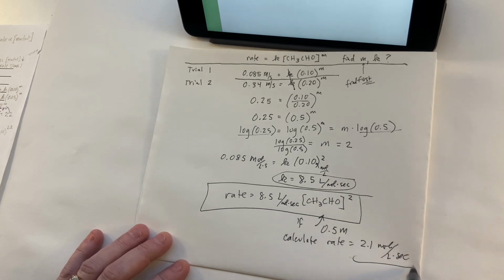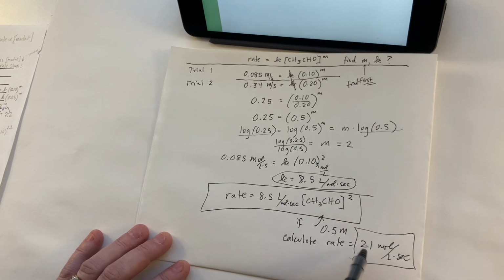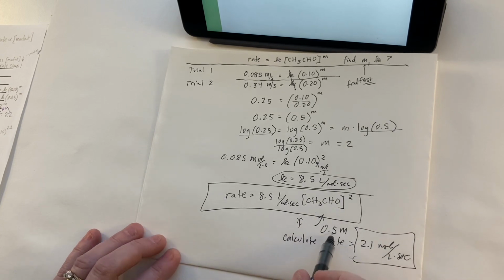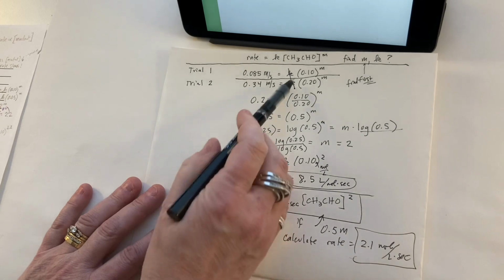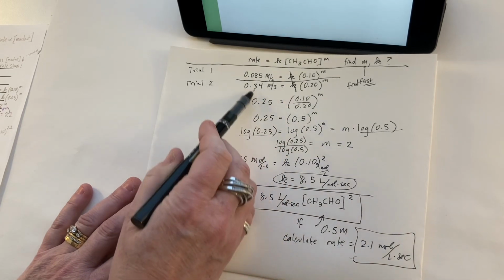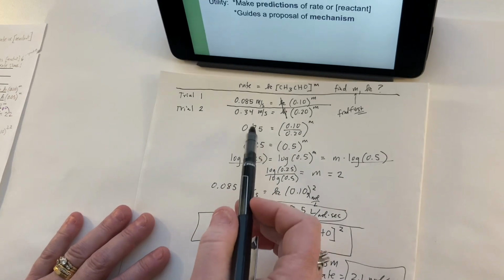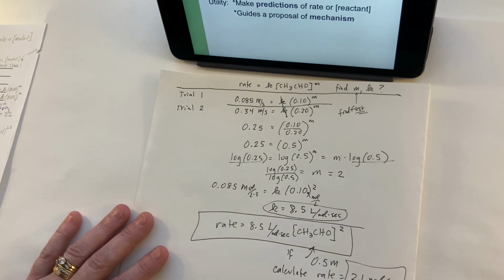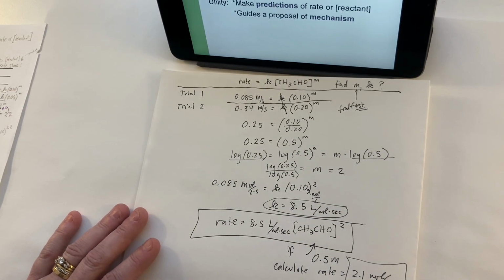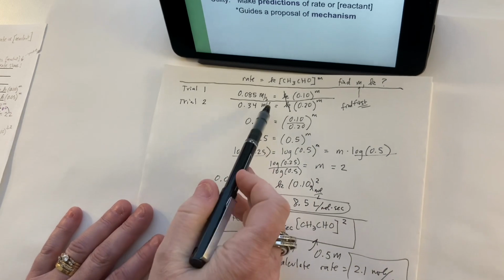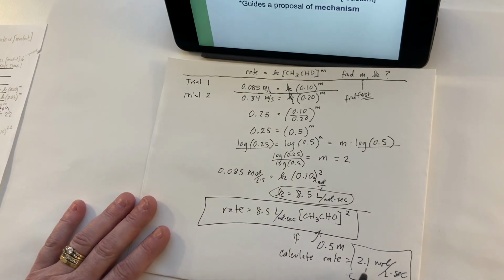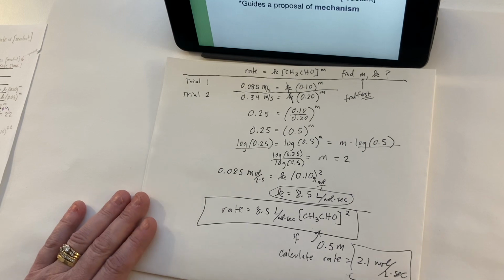So that allows us to make that prediction. That's a pretty high concentration compared to the data, so the rate predicted is higher than those. Now, of course, relying on just 2 data points, that's not great. You really want to get lots of data points, but just on the basis of these 2 data points, this is our claim. We can make that prediction.